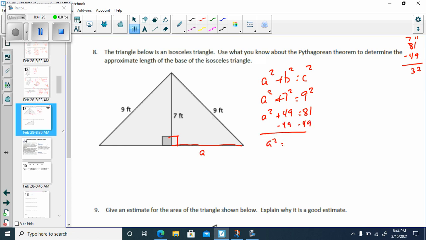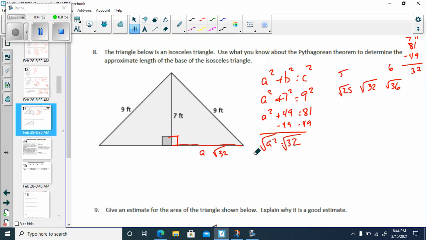A squared would be equal to 32. So we're talking about the square root of 32. All right. Let's see if we can figure out what the square root of 32 is. It's going to be between the square root of 36, which is 6, and the square root of 25, which is 5.